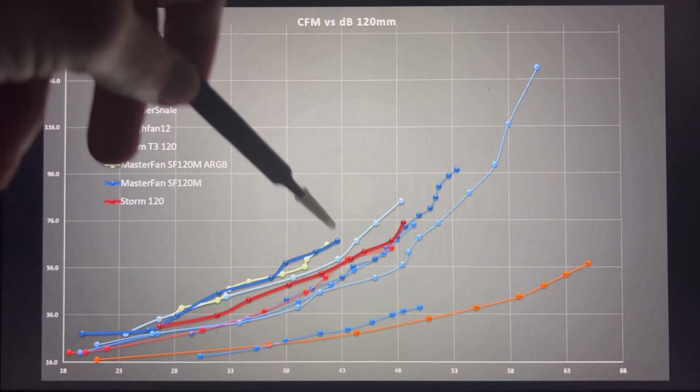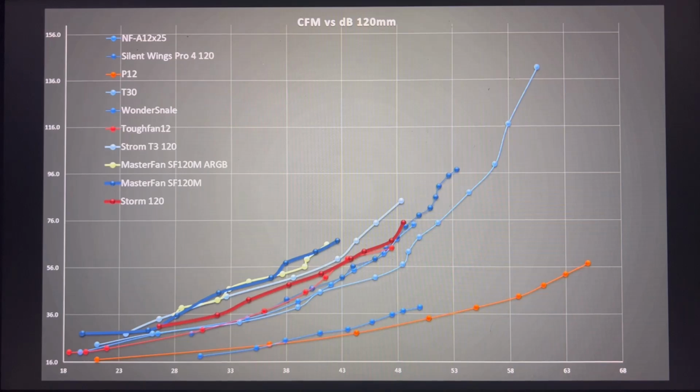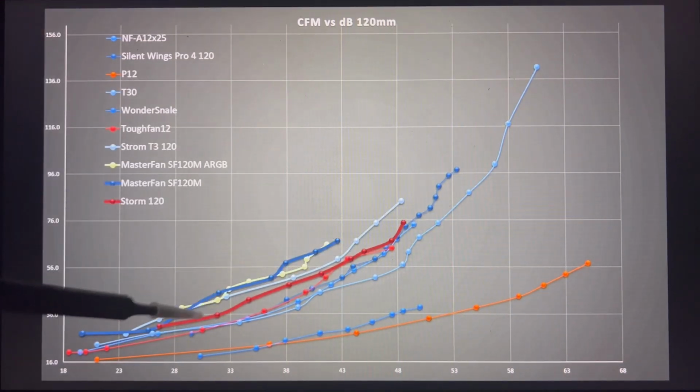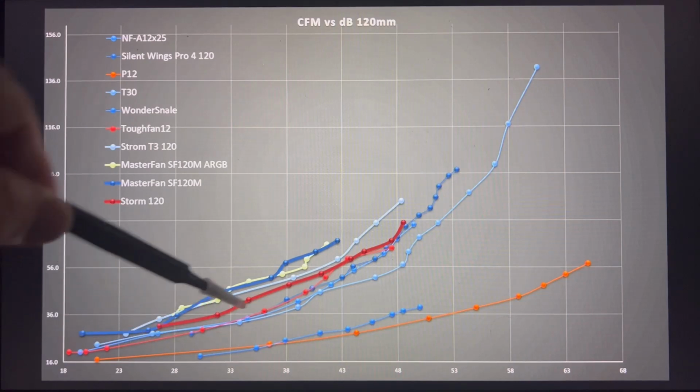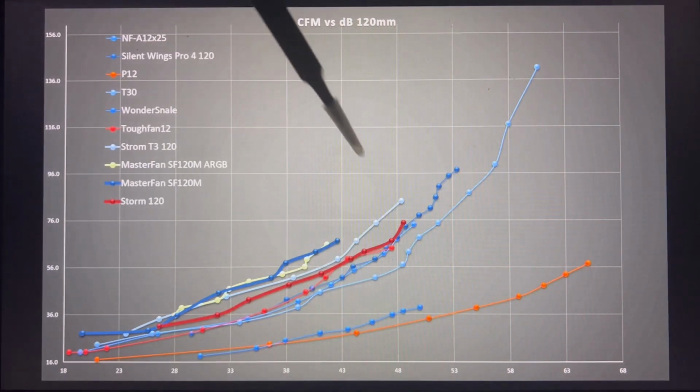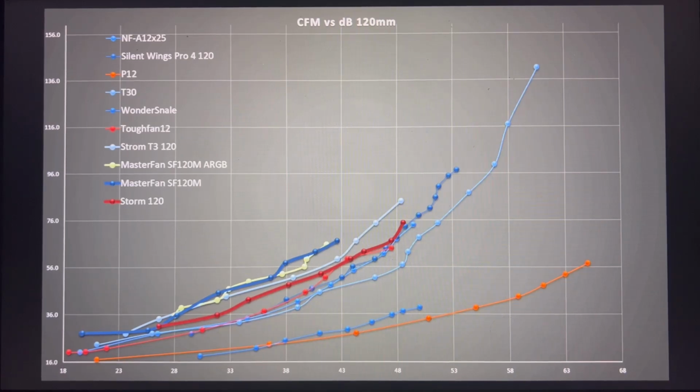They just run out of steam at the top. And the regular Storm sitting right here in red, it's following the Storm T3 very closely until it reaches, quote unquote, higher noise levels, and it just doesn't produce the same level of CFM airspeed basically.